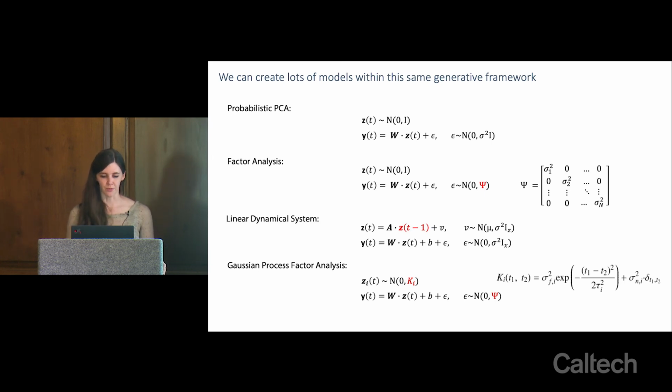Yeah, so in principal component analysis, you're assuming every neuron has the same observation noise of your latent variables. In factor analysis, different neurons have different amounts of observation noise. Among other frameworks you could use to summarize what your neurons are doing, you could say that your latent variables are a linear dynamical system.